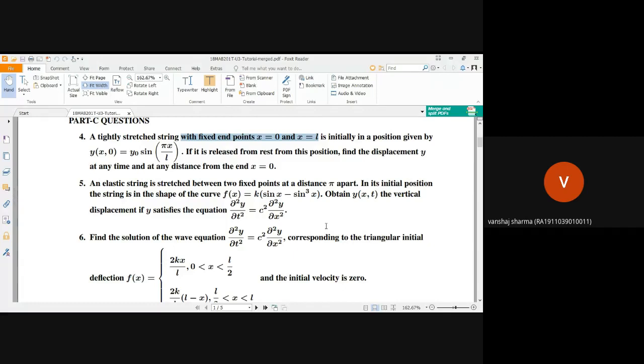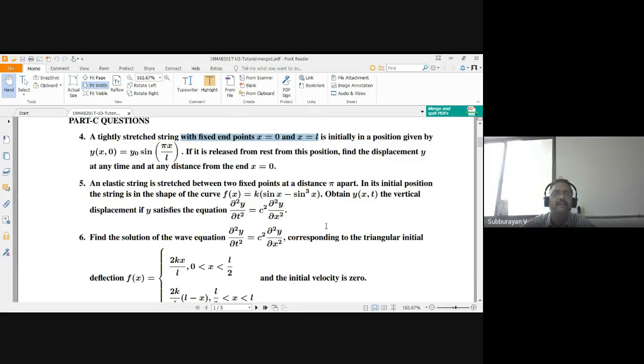In its initial position, the string is in the shape of a curve f(x) = k(sin x minus sin cube x). Obtain y(x, t), the vertical displacement, if y satisfies the equation dou square y upon dou t square is equal to c square dou square y upon dou x square.